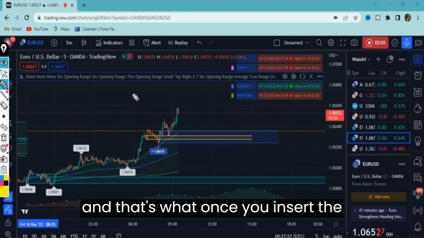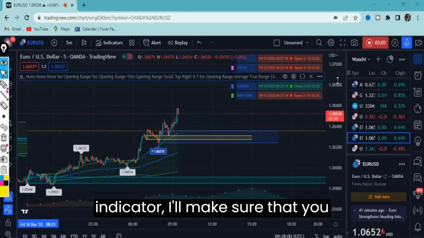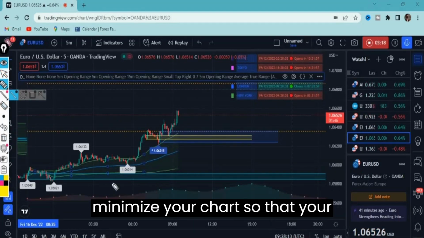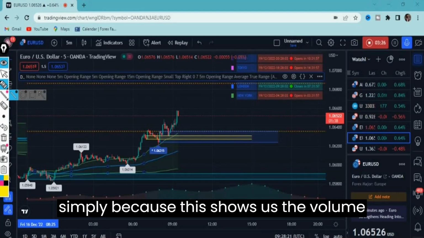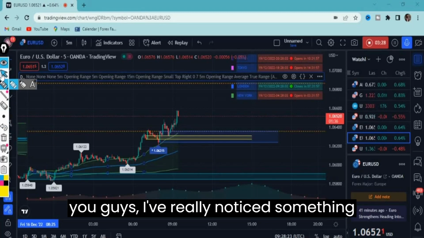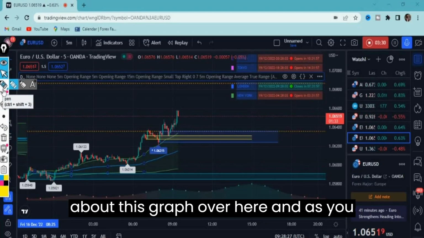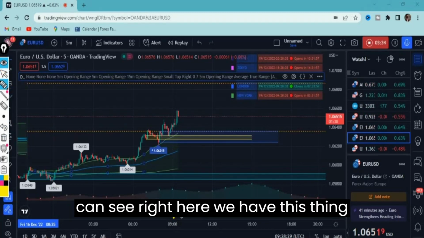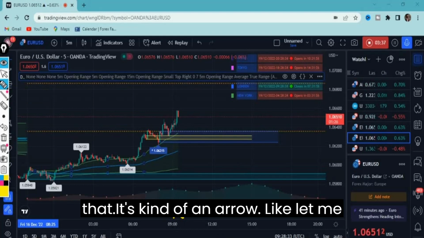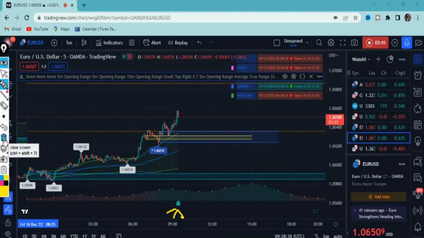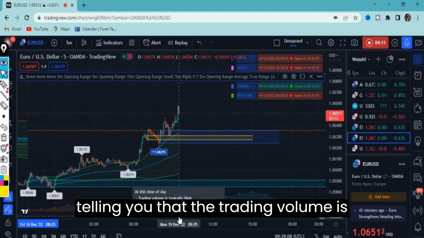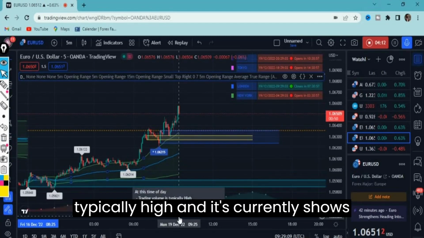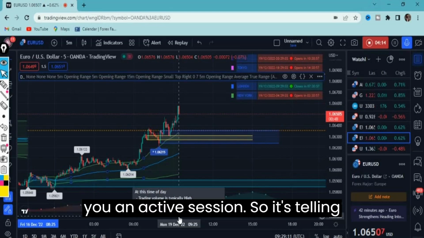And once you insert the indicator, make sure that you minimize your chart so that your graphical presentation will be seen, simply because this shows us the volume traded in the market. And let me tell you guys, I've really noticed something about this graph. As you can see, we have this arrow-like thing, and when you click on it with your cursor, it tells you that the trading volume is typically high and it shows you the active session.